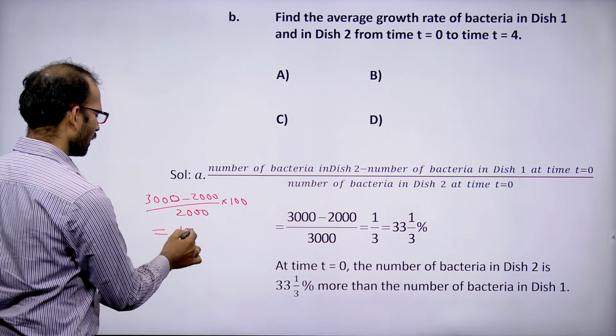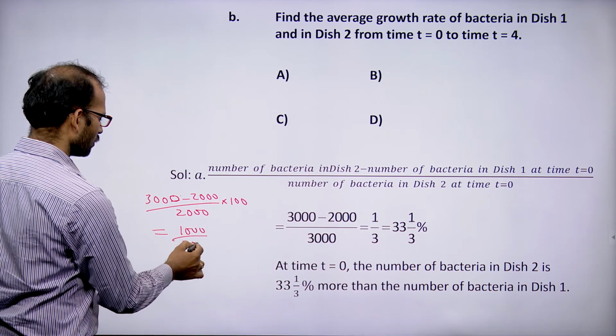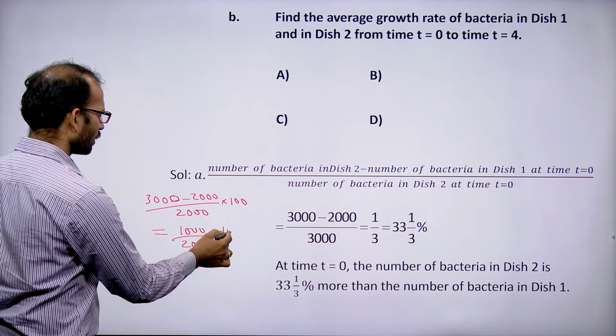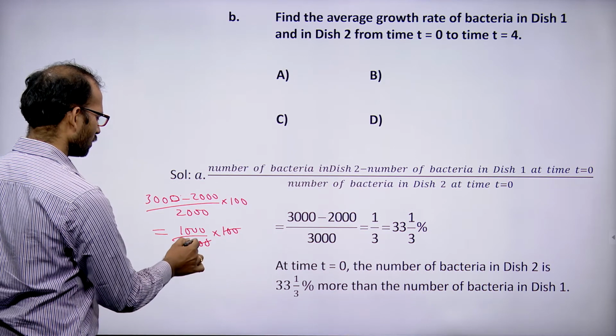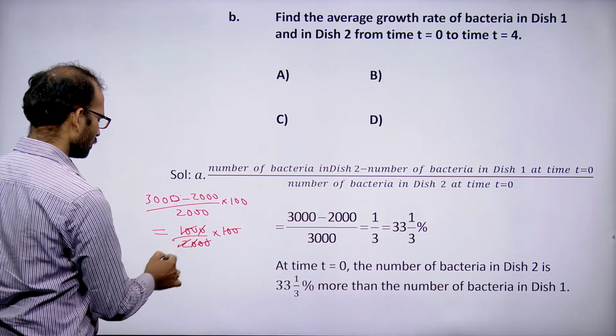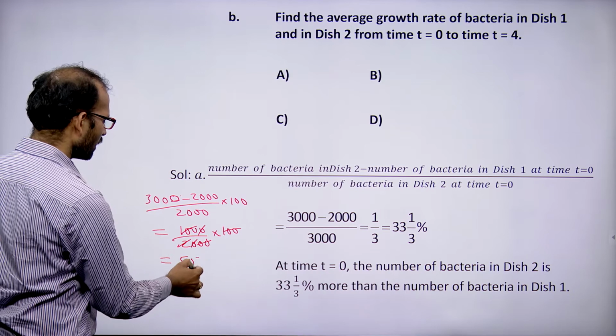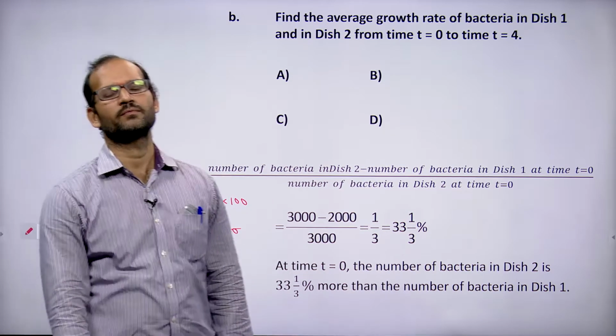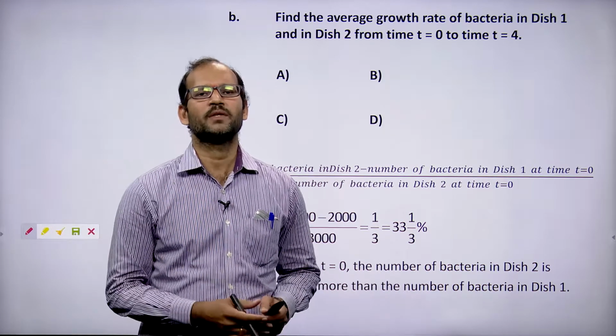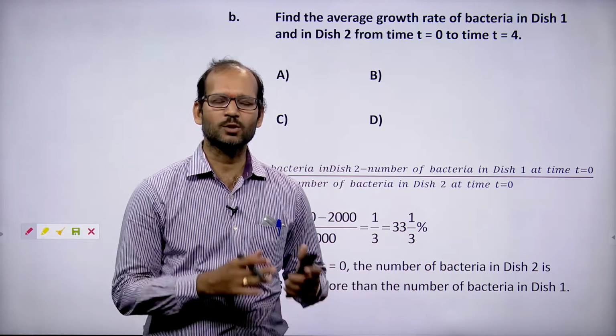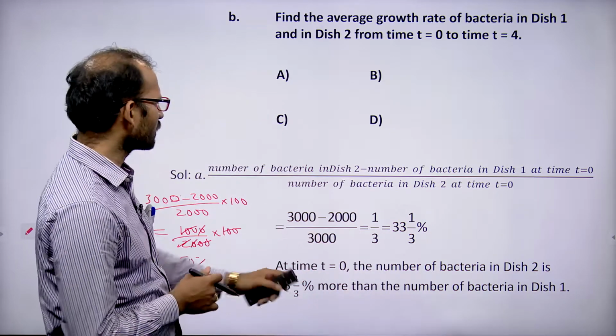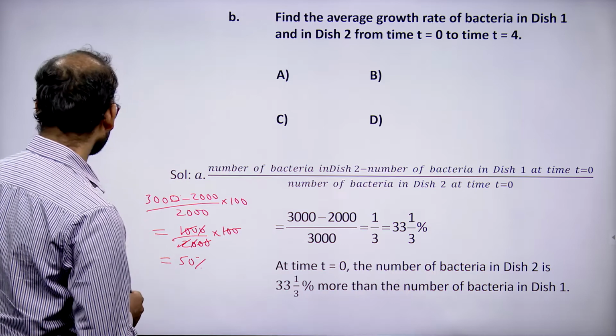So 1000 by 2000 multiplied by 100, 2 zeros cancel, so 50% more. Dish 2 is having 50% more bacteria than dish 1. So 50% is correct, 33 1 by 3% is wrong. Okay, right.